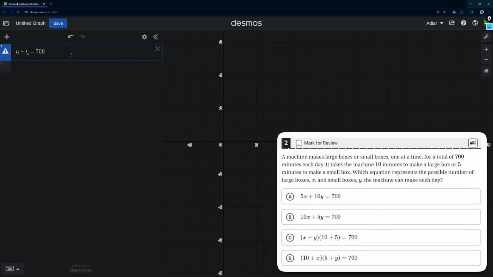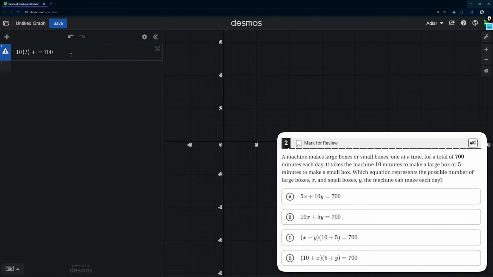And the question tells us how much time it takes to make a large box and how much time it takes to make a small box. It makes a large box in 10 minutes. So the time it takes to make all of its large boxes is just going to be 10 minutes times the amount of large boxes that it makes.